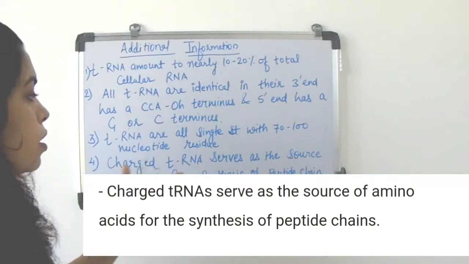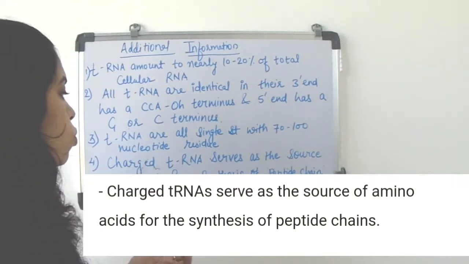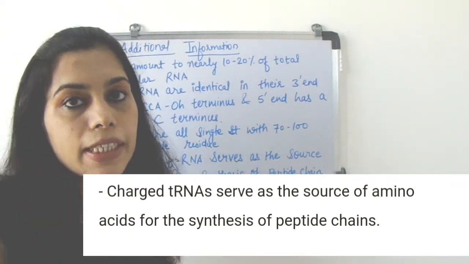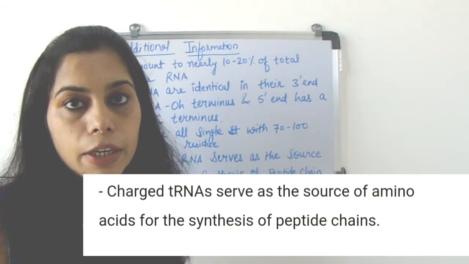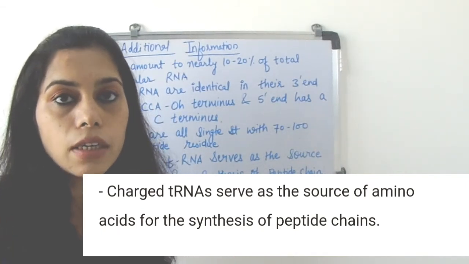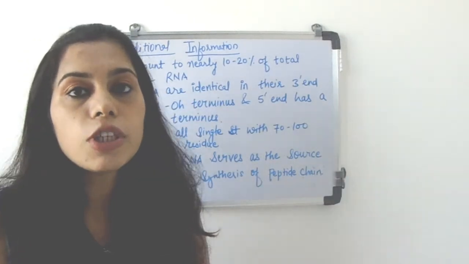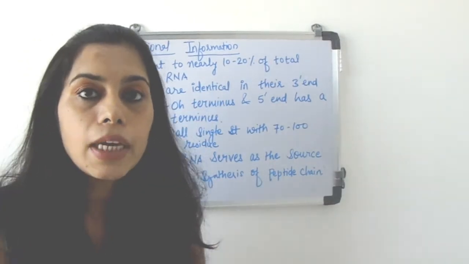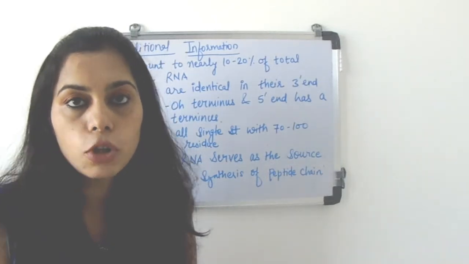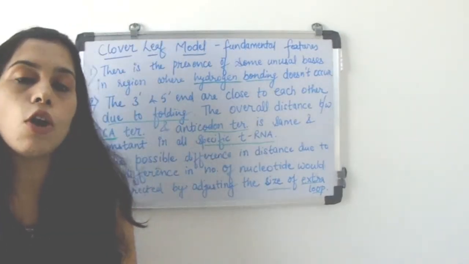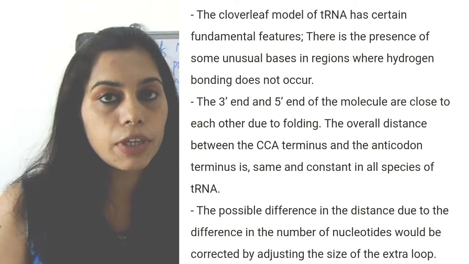तो जो चार्ज्ड tRNA मॉलिक्यूल होते हैं वो क्या करते हैं, अमाइनो एसिड्स को सर्व करते हैं और पेप्टाइड की सिंथेसिस में, मतलब पॉलीपेप्टाइड की जो चेन बनती है उसको बनाने में हेल्प करते हैं tRNA के मॉलिक्यूल्स. The clover leaf model of tRNA has certain specific features.